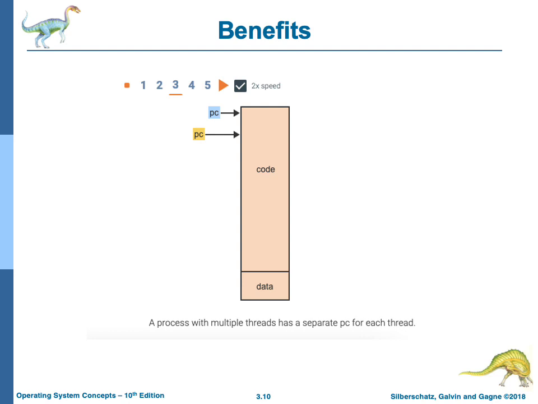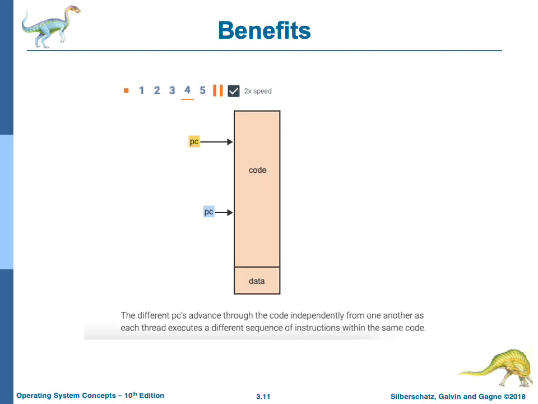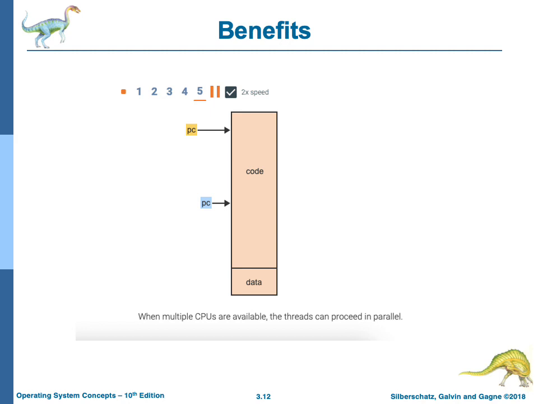Now a process with multiple threads can have a separate program counter for each one of its threads. The multiple program counters can advance through the code independently from one another, and each thread can execute a different sequence of instructions within the same code. When multiple CPUs are available, the threads can even proceed in parallel simultaneously.